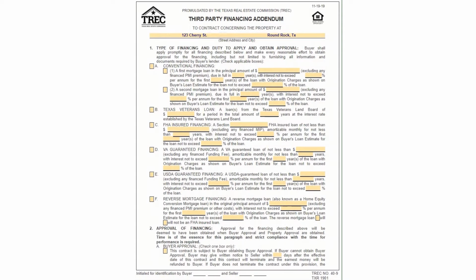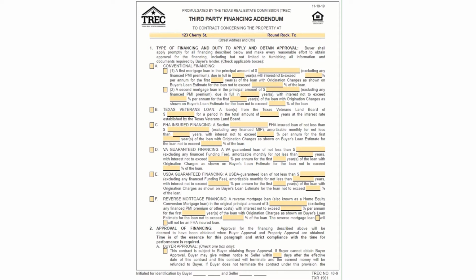Now we have the third-party financing addendum, and before we get into the form, I want to emphasize the importance of agents understanding and comprehending the content and the use of this form. It's important that you be able to explain this form to your buyers and sellers so that they have the information in order to comply with the requirements of this form. And this will greatly reduce the risk of conflict down the road.